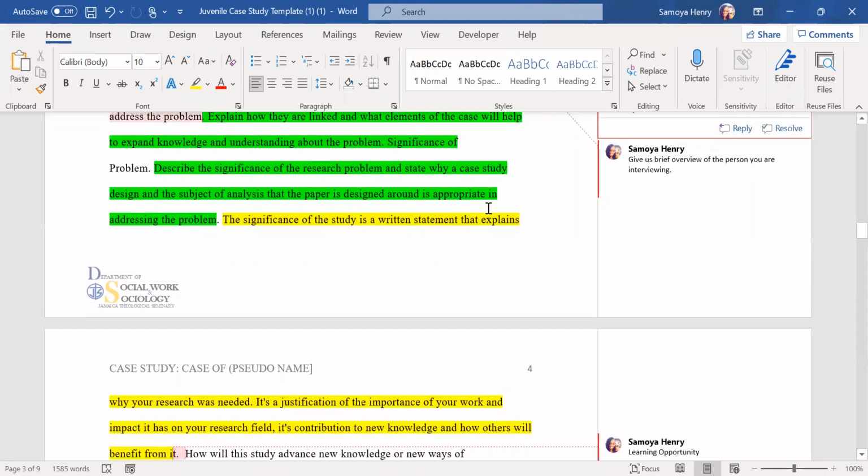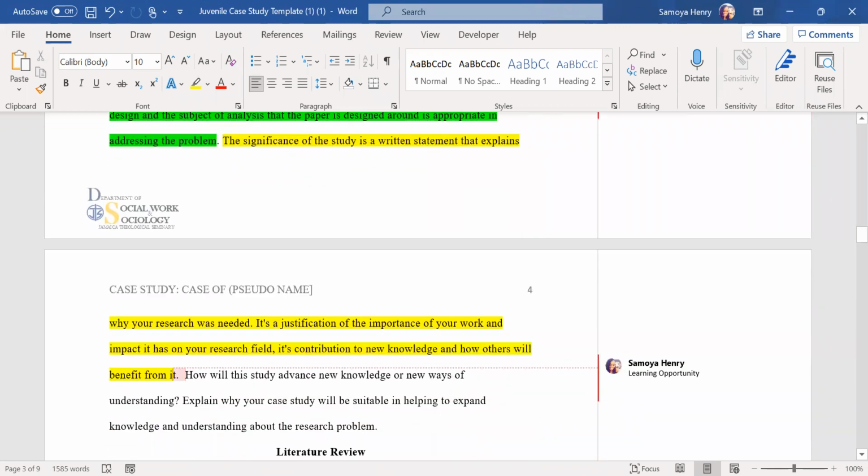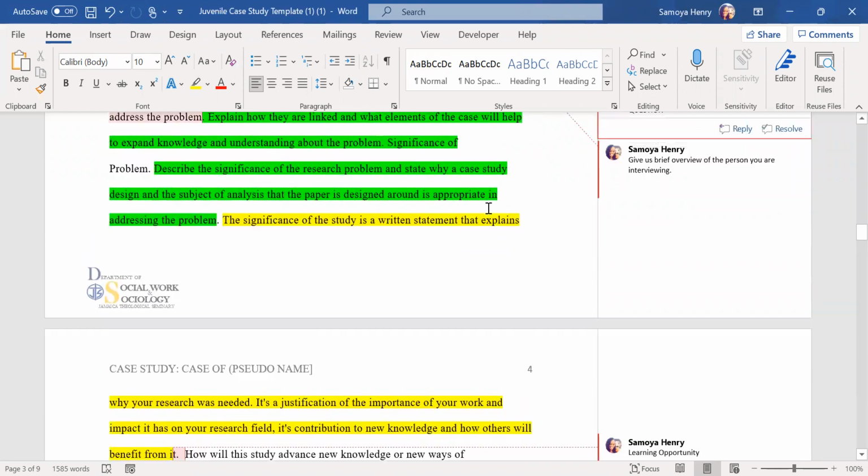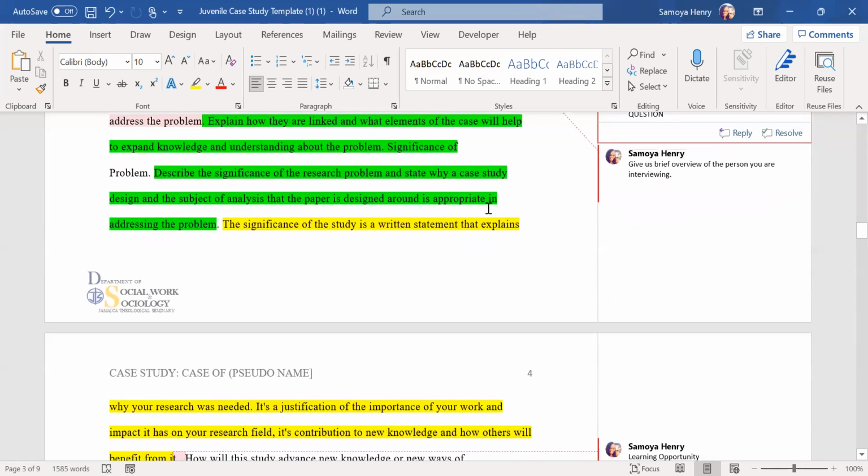And a case study, right? You guys can go online and look on the internet to see why a case study is important. A case study helps you to look at an in-depth analysis of everything about a client.